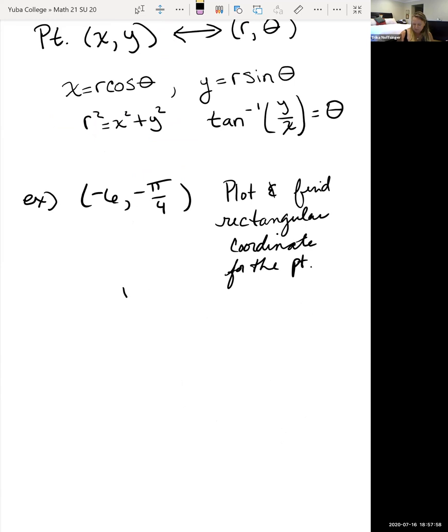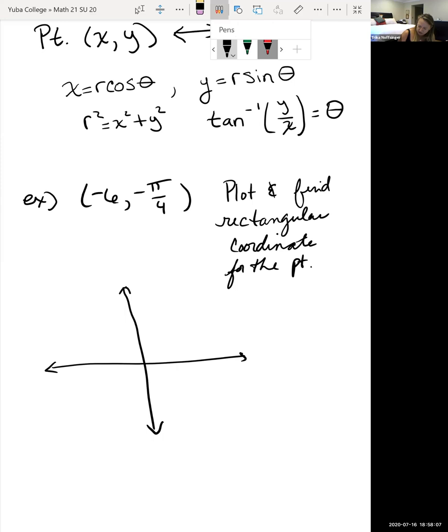So negative pi fourths, that tells us that we're going to go in the clockwise direction, starting at our polar axis, and we're going to go pi fourths. So from there, we're going to draw our line.